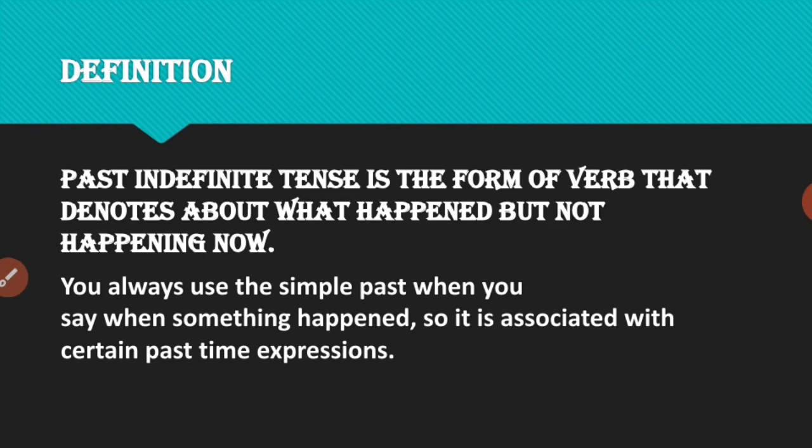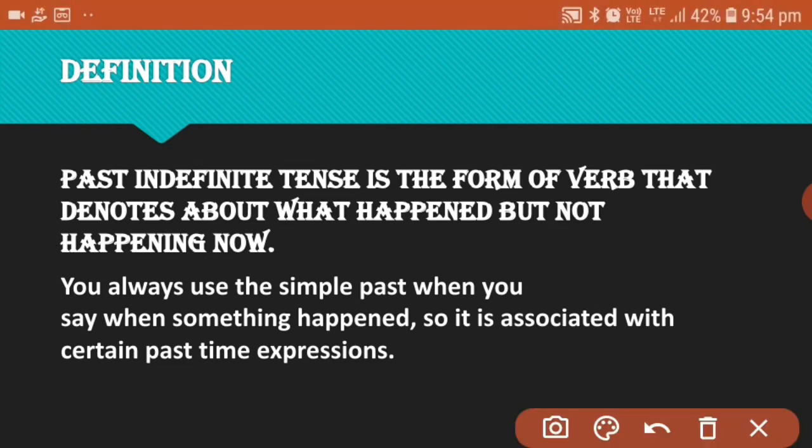That's why I have presented here the definition of past indefinite tense. Students, here past indefinite tense is the form of verb that denotes what happened but is not happening now.